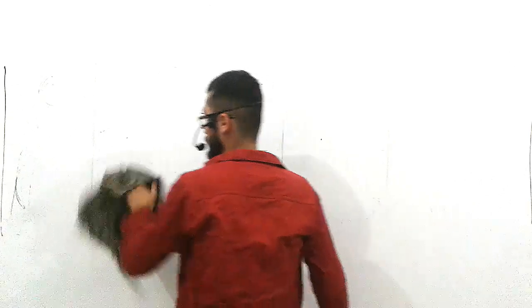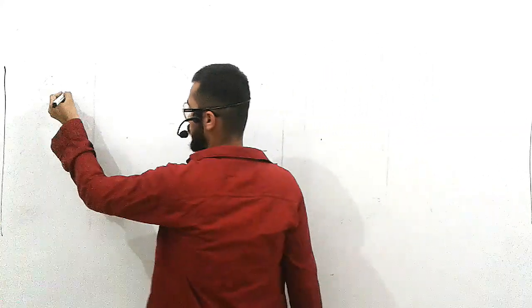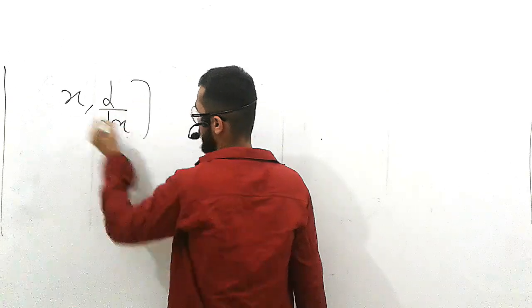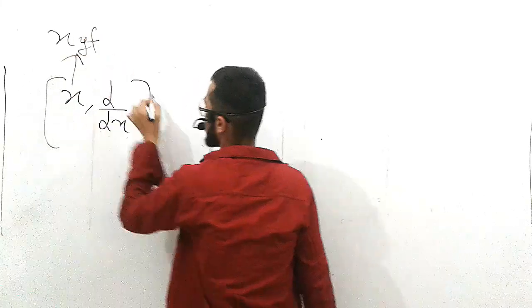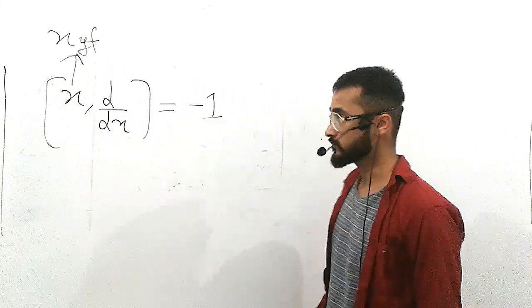Quantum is the simplest unit of physical chemistry, provided we follow the path of tricks. Okay, now look at the board. x d by dx. We know that when girlfriend is x, what comes in life is negativity, so minus 1.